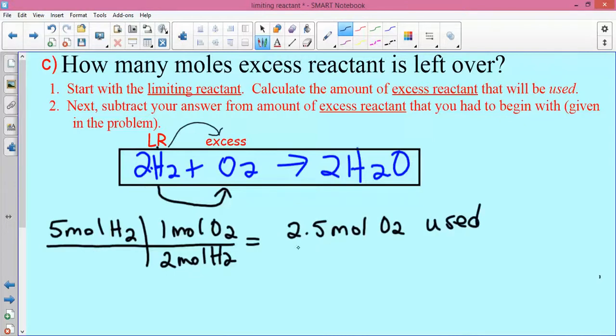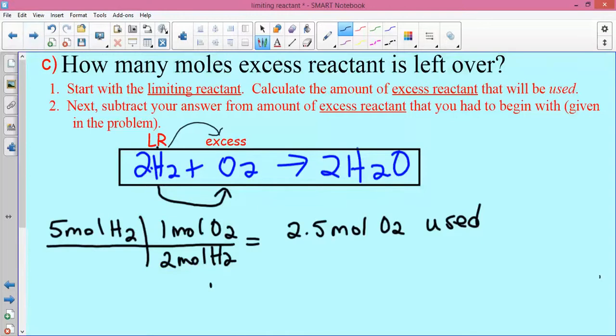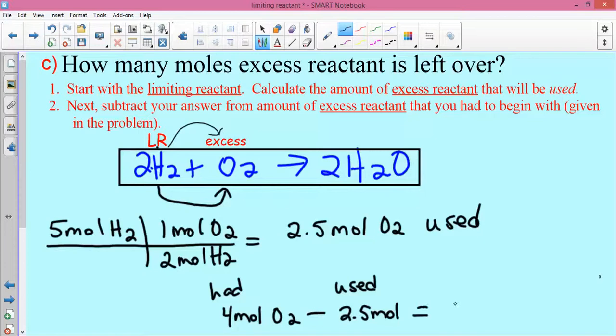How much O2 do we have? Well, let's look back at our problem. We had 4 moles of O2. That was given in the problem. So we had 4 moles. We subtract what we used, which was 2.5 moles, equals 1.5 moles left. And that's our answer, 1.5 moles left over.